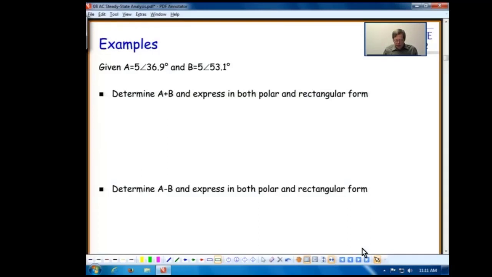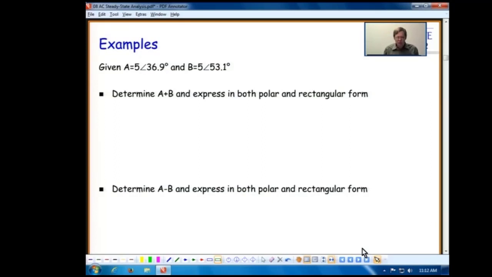Let's do a couple of quick examples, but let me get started and then I'll ask you to pause the video and try these yourself. Now, if we have two complex numbers, A and B, and they're given in polar form, if you're going to add or subtract them, the easiest way to do addition and subtraction is to convert them back to rectangular form, where you can directly add real parts and add imaginary parts.